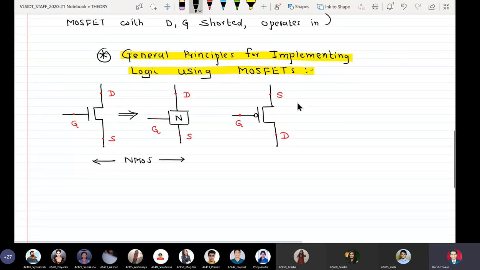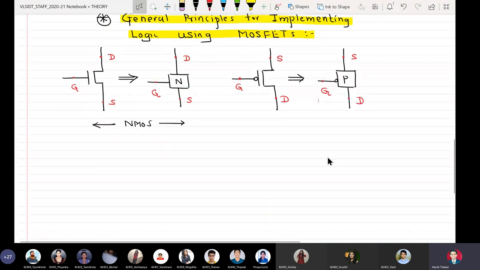The simplified version of this would be the same as NMOS, but the only difference is I will be showing a bubble, writing P inside. Everything else remains the same. Especially when we study the topic combinational logic design using CMOS logic family, at that time these block symbols we are going to use. Okay, fine. So now I will write a rule here.